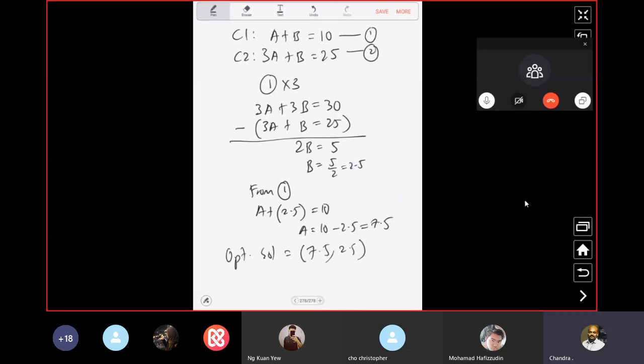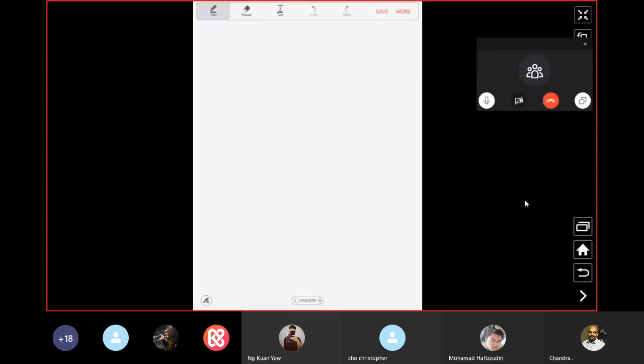What would be my optimal value? 3A plus 2B is equal to 27.5. Does it increase your profit?